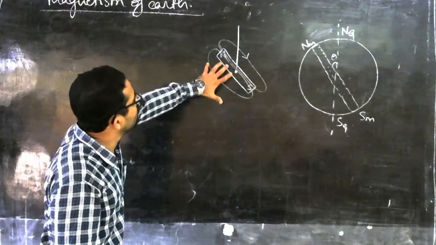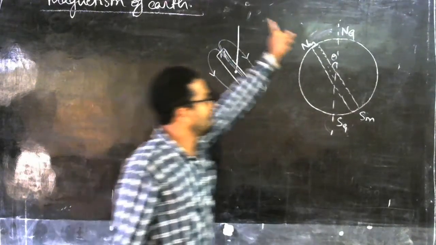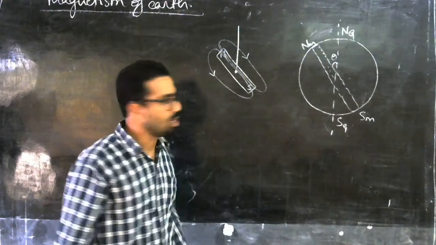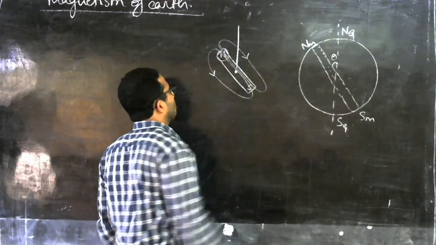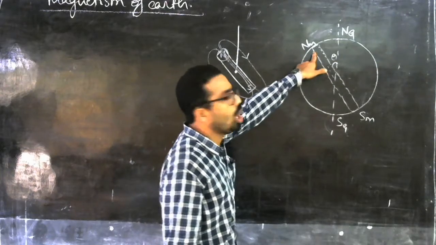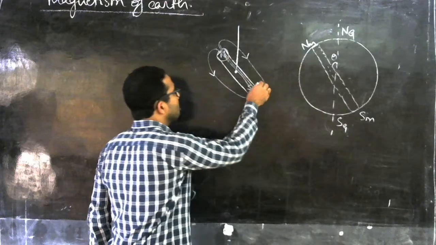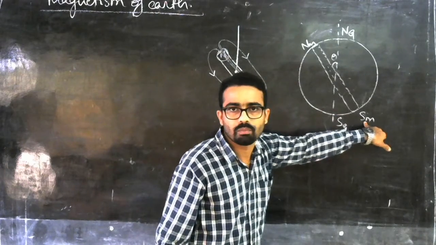Whenever you freely suspend this bar magnet, it will align along the direction of Earth's magnet. If you look here, this is the north pole of the bar magnet, which aligns in the direction of the north magnetic pole. And the south pole of the bar magnet is aligned in the direction of the south magnetic pole.